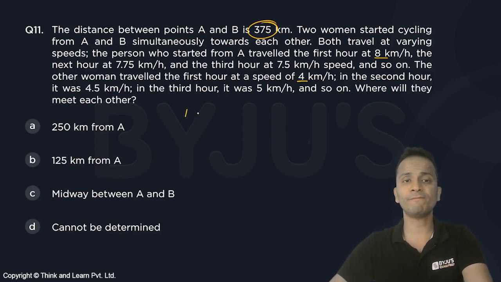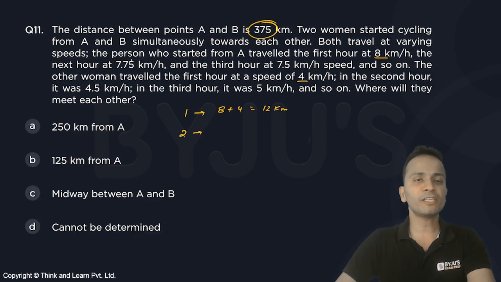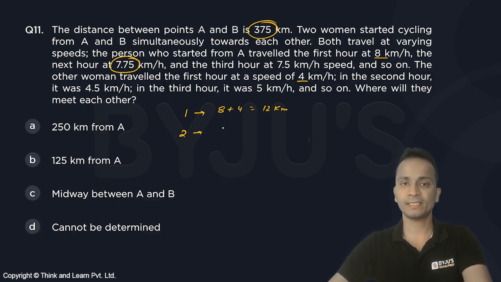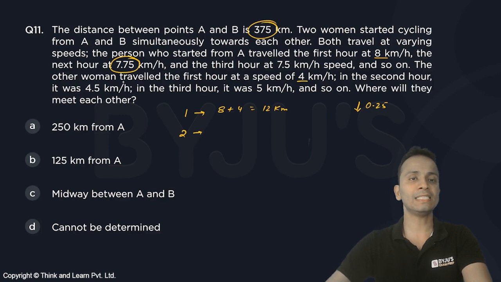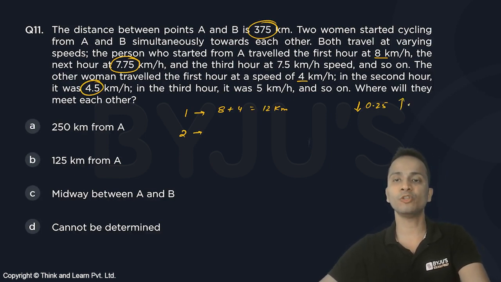In the first hour, the distance traveled by these two ladies will be 8 plus 4, that is 12 kilometers. Now, talking about the second hour: the first lady's distance traveled is reduced by 0.25, and the second lady's distance traveled is increased by 0.5.